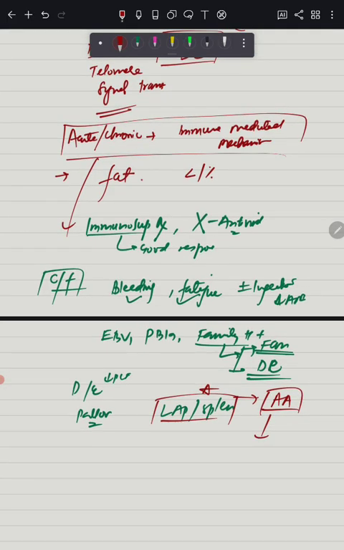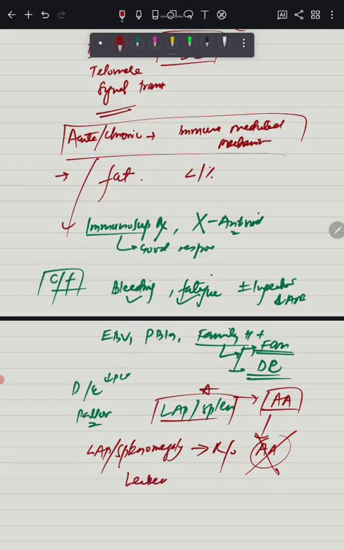Always remember that the presence of lymphadenopathy or splenomegaly rules out aplastic anemia, and it can suggest an alternative diagnosis. For example, the patient can have leukemia, LGL, lymphoma, or infections like Kala-Azar. So leukemia, LGL, lymphomas and Kala-Azar.